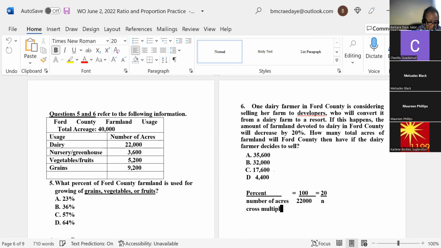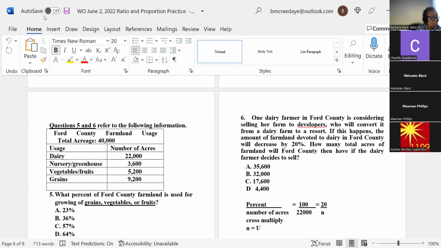N is 4,400, isn't it? So cross multiply, you get N times 100 equals 20 times 22,000, which is 440,000. So N equals 440,000 divided by 100, right? What is that equal to, Mercedes?